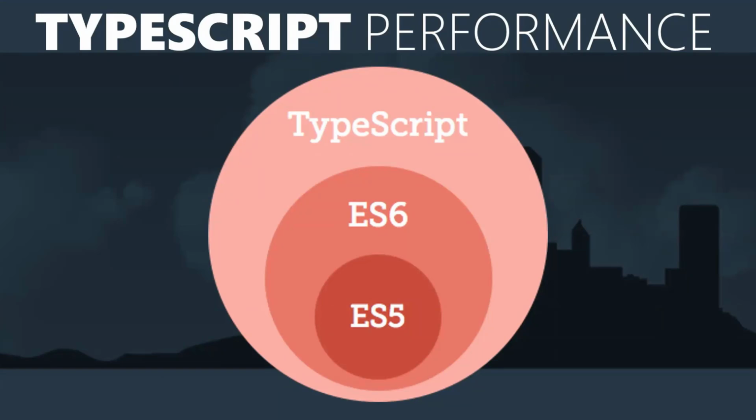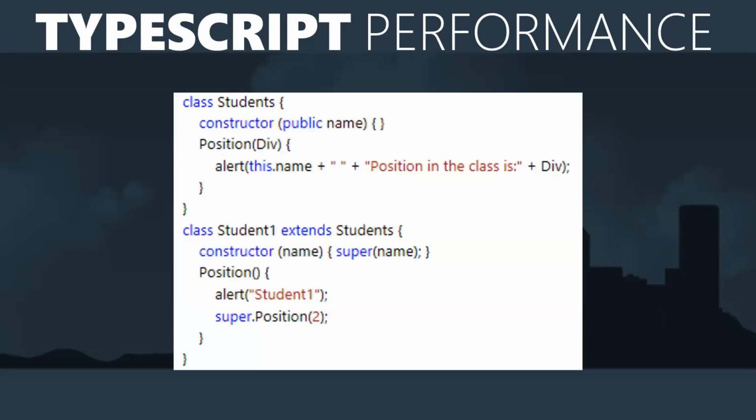Now, the problem with that is sometimes it comes with a performance decrease. And one of those things is when it comes to inheritance, especially the extends keyword. Now, if you don't have access to that functionality in your browser, the extends keyword heavily impacts performance.